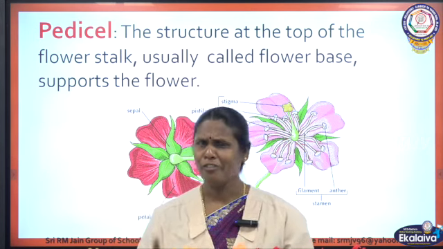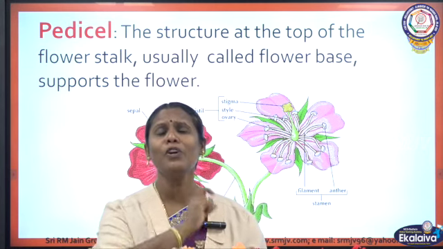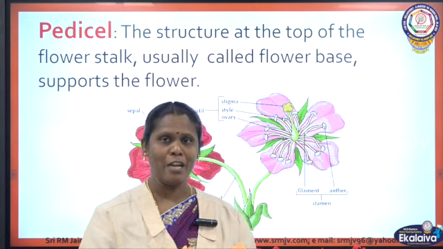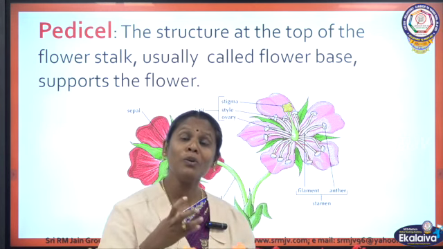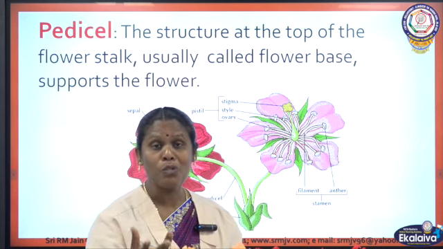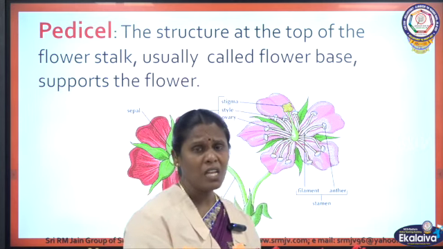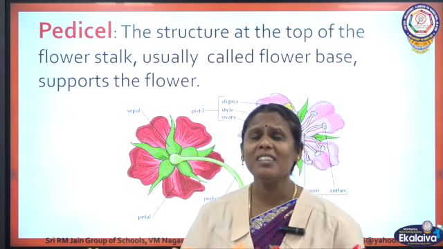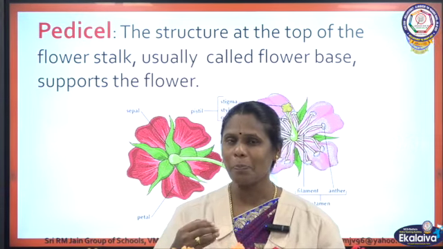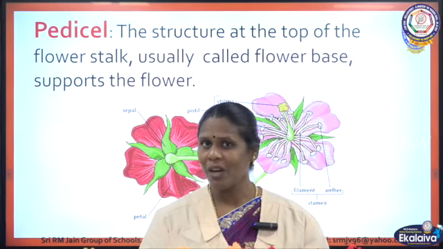The flowers play an important role in the reproduction of plants. Flowers produce seeds to germinate the plant, right? Now, we are going to learn about what parts are present in the flower. Shall we learn one by one?